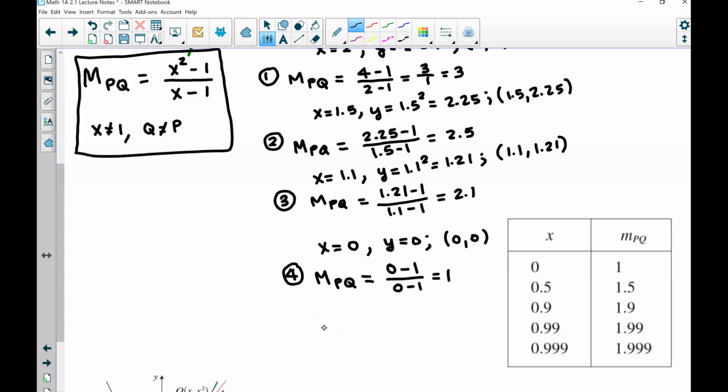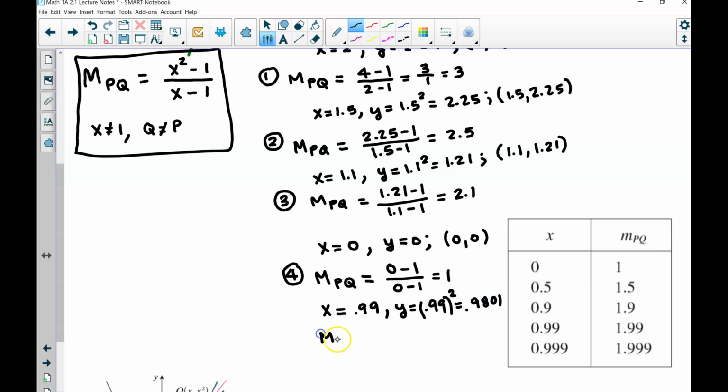Let's do one more. Let's see what happens when x is equal to 0.99. Then y is going to equal 0.99 squared, which is 0.9801.